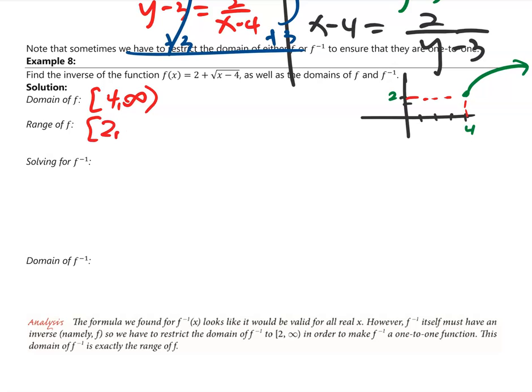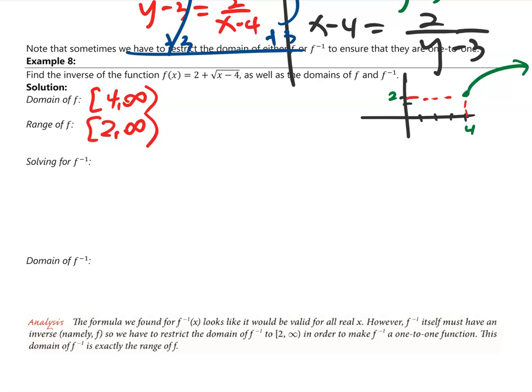So that's 2 to positive infinity. And then how do we get the domain of f inverse? But before that, we need to solve for the inverse of f of x.